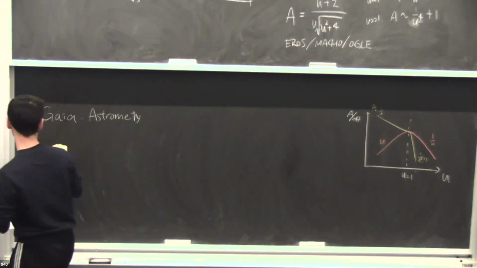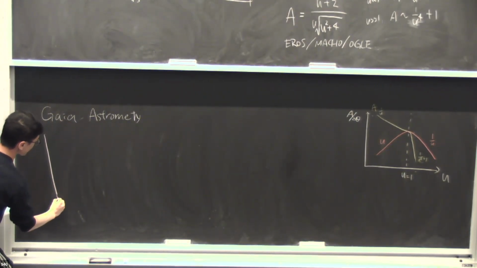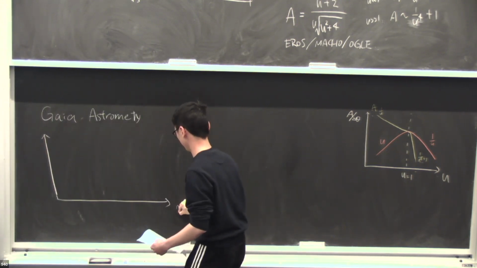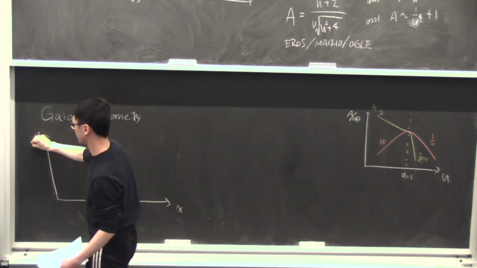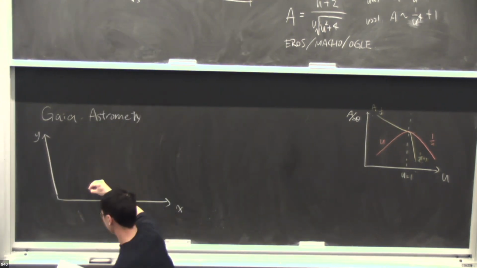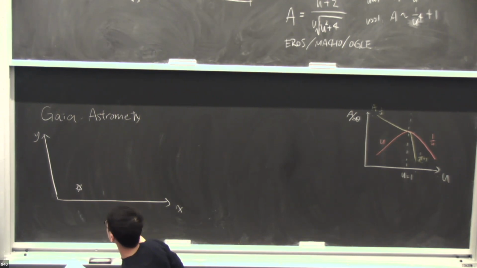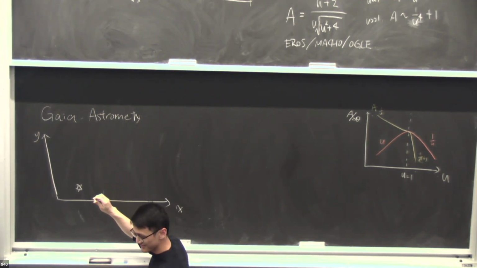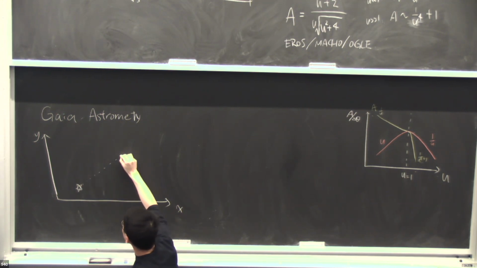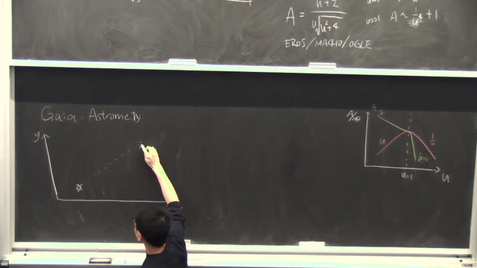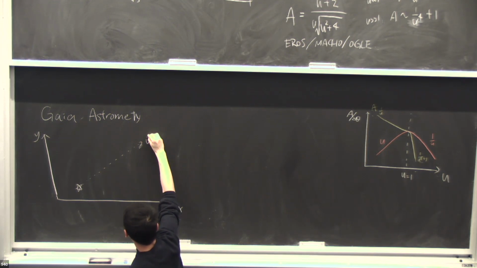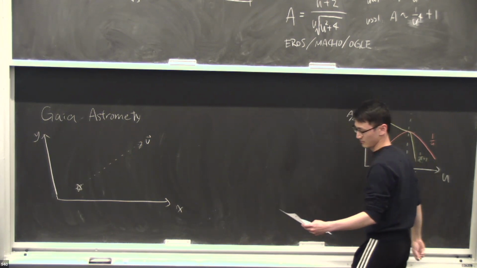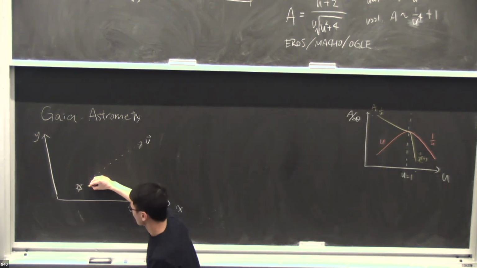If we look at any star in the sky and plot its location on the sky versus time, stars are not static, so they have some velocity, say in this direction. What we see on the sky is that it will undergo some circular motion.